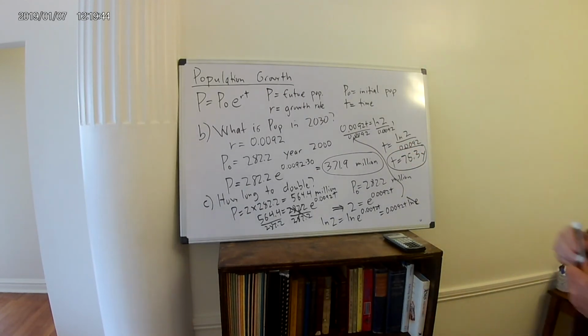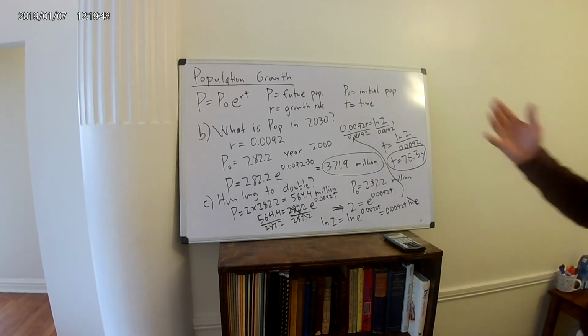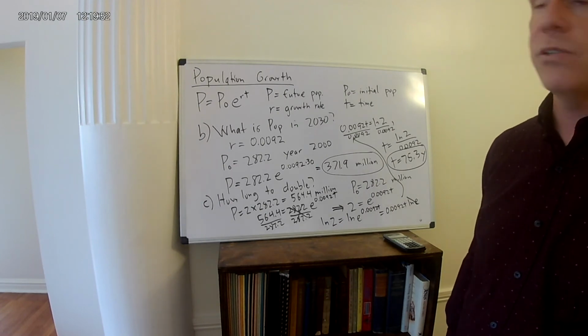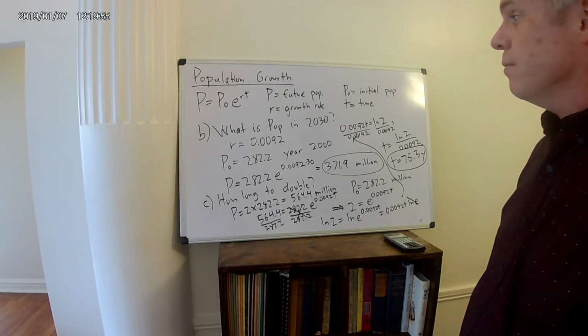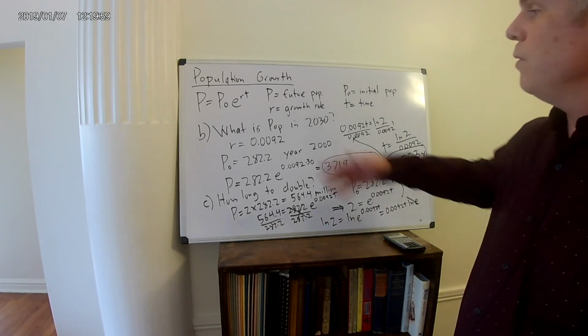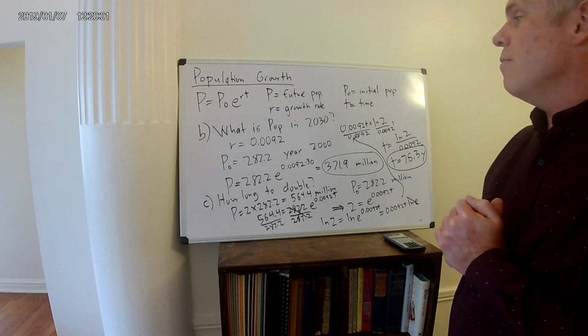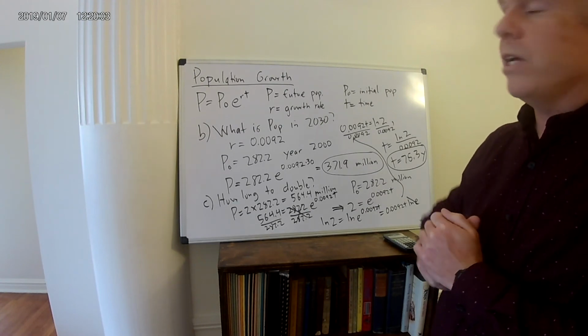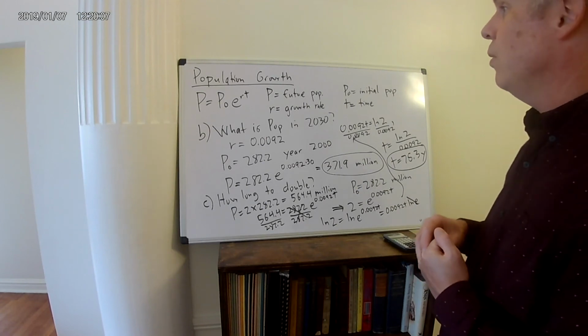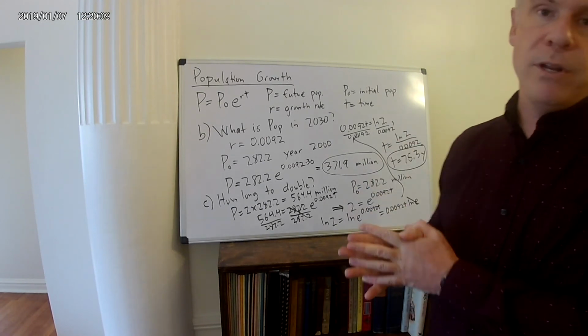Okay, 75.3 years. So at this current growth rate, it will take the U.S. population 75.3 years to double in size. That's assuming the growth rate remains the same. The growth rate will probably decrease, so it'll take longer to double than that. But that's how long it will take the U.S. population to double.